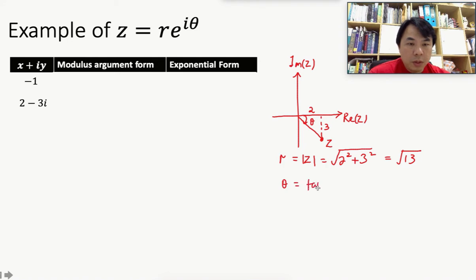In this case, we can apply the inverse tangent or arctangent, which is 3 over 2. Let me see whether I can get that correct. That will be an arctangent of 3 over 2. Let me see what we have here.